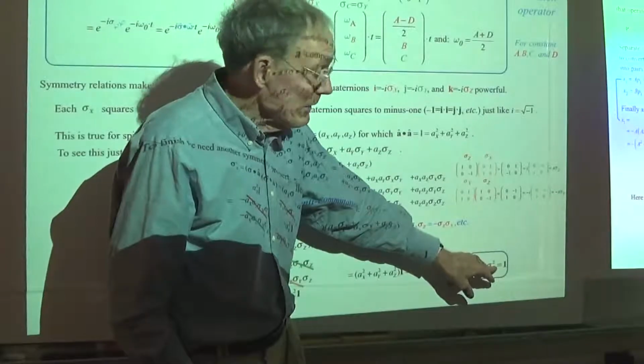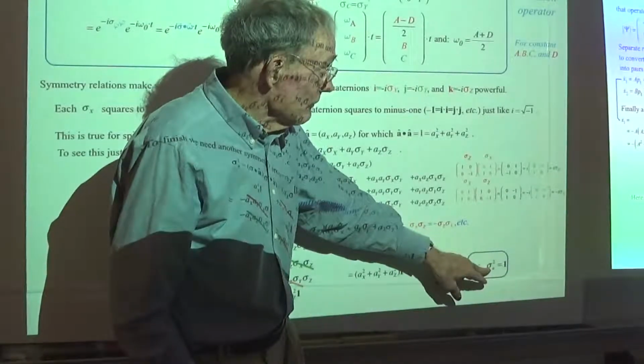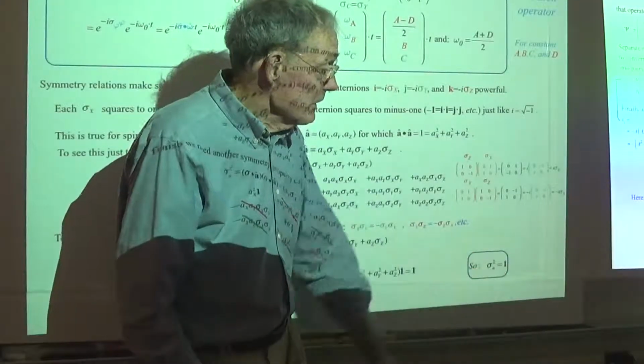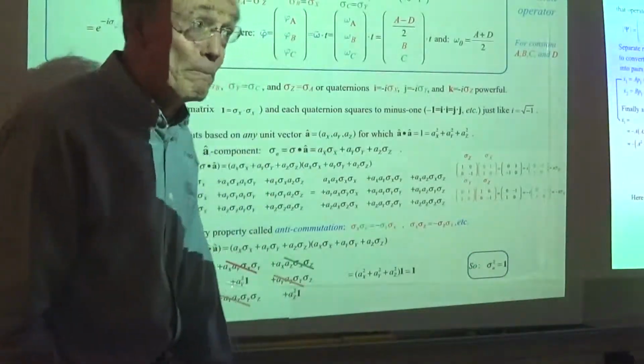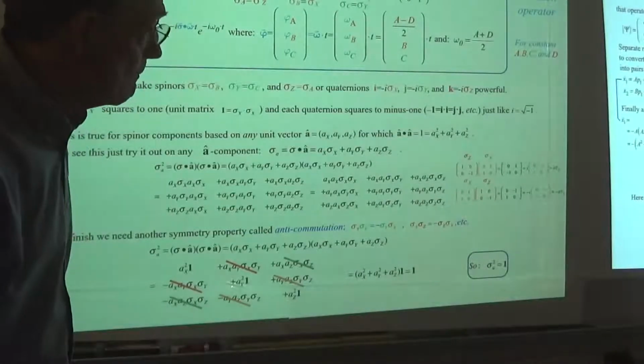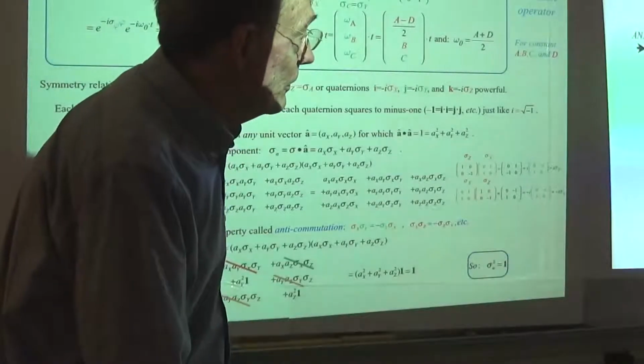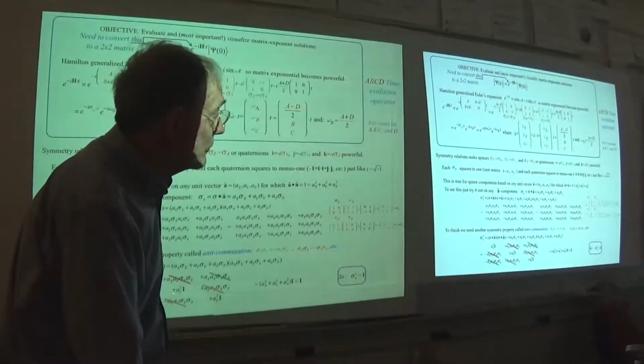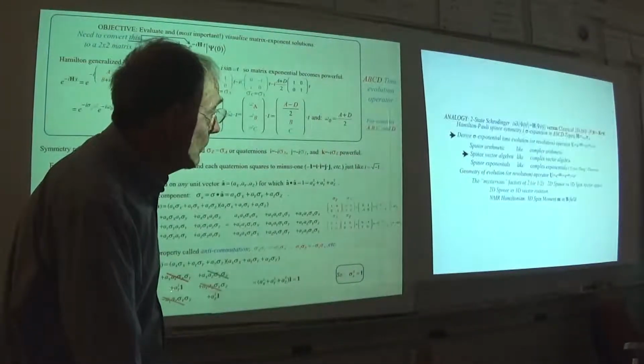If I put the i's back on it, then the square of I times sigma sub A, no matter what the A is, will be a minus 1. Okay. All right, we're getting ahead of ourselves on this other screen here, but that is where we are right now.